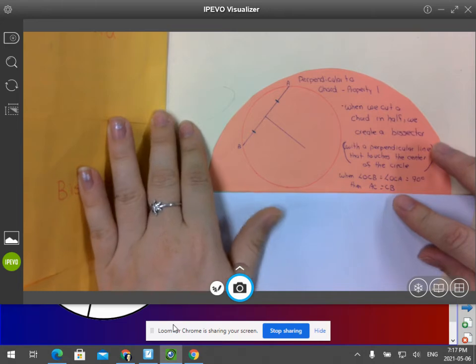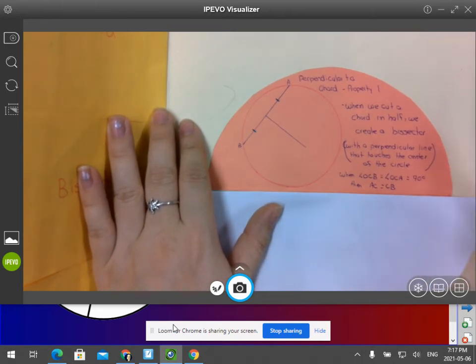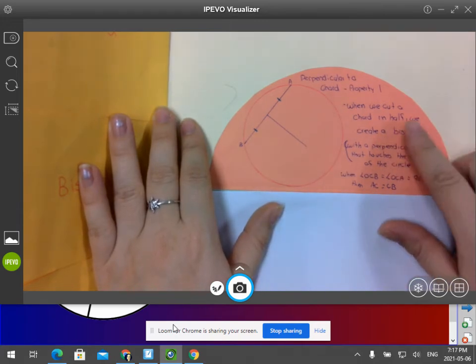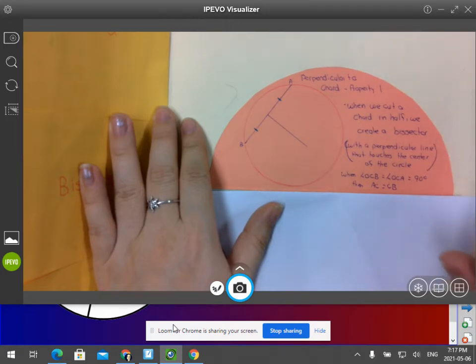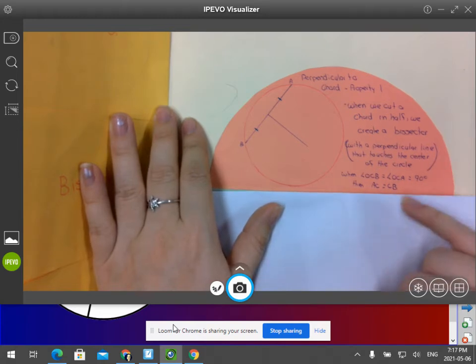I shortened the instructions a little bit from the big note package. Chord property number 1 is simply: when we cut a chord in half, we create a bisector with a perpendicular line that touches the center of the circle.